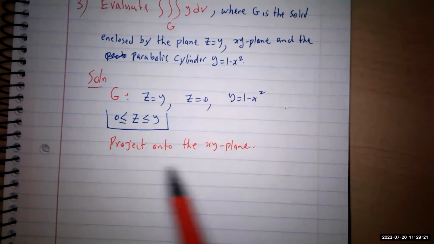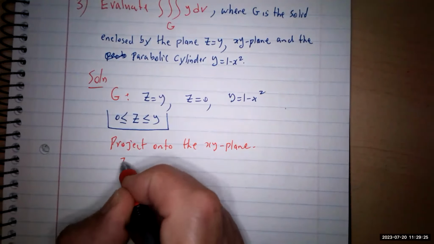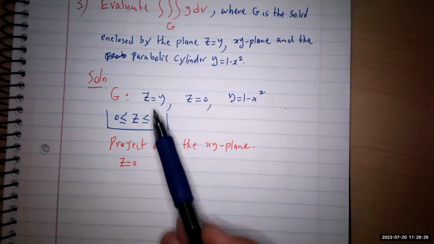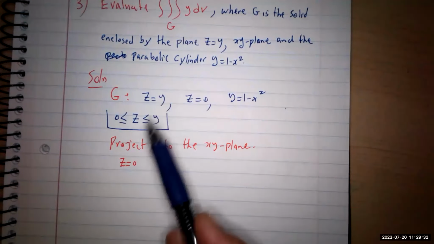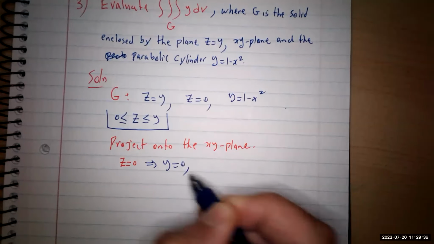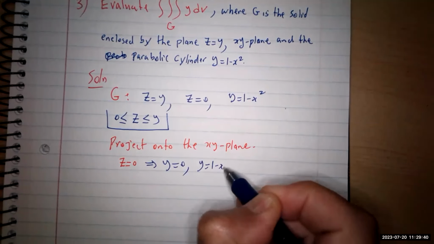To get this projection, we let z equal 0. To go back into two dimensions, if you put z equal to 0, you see z is also equal to y. So that gives you y equals 0, and you have y equals 1 minus x squared.